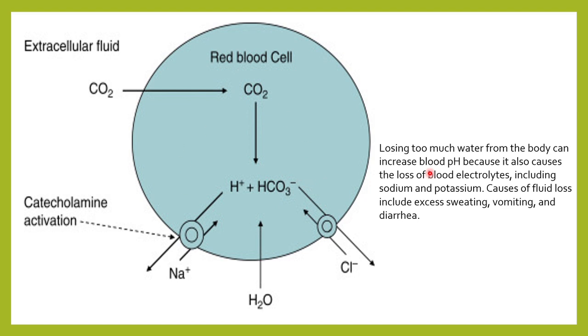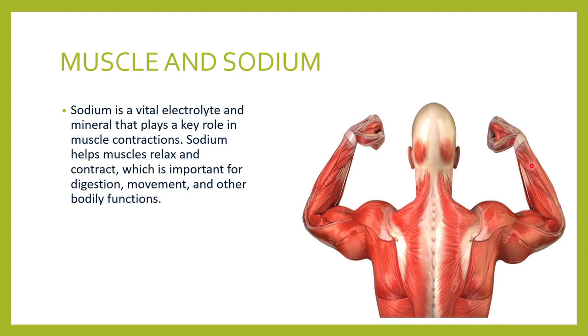It causes a change in the electrolytes, and this will lead to changes in the blood pH. So to maintain the blood pH between 7.35 to 7.45, we need electrolytes. Sodium also plays an important role in the contraction as well as the relaxation of the muscles.